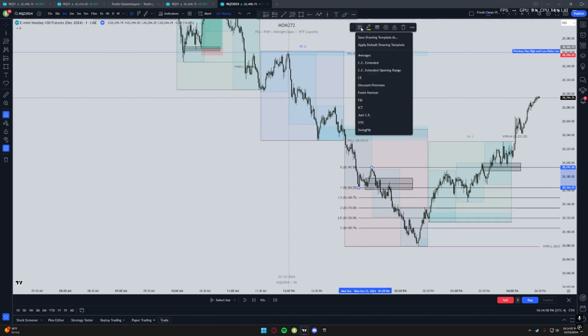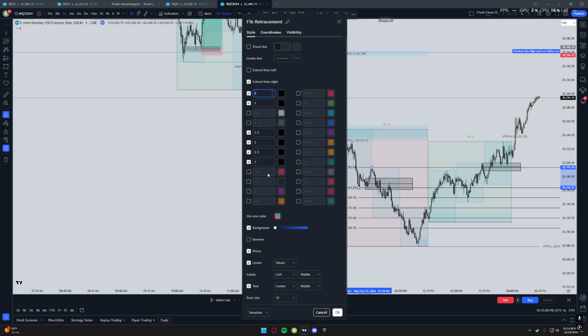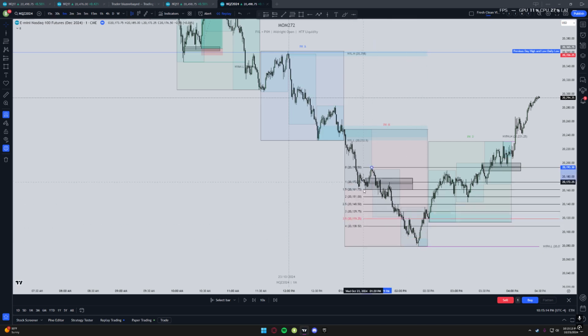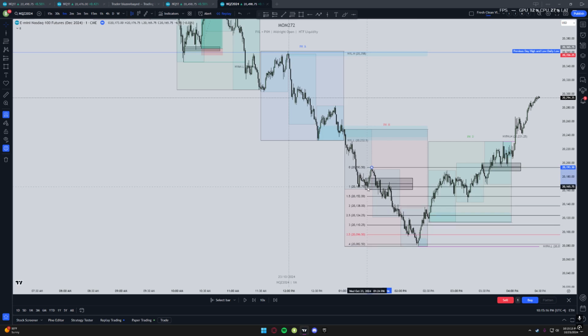Not negative 3.5. We can look at 3.5 and almost 4. But I think if you put it to this low, you can see we basically swept that 4 level.